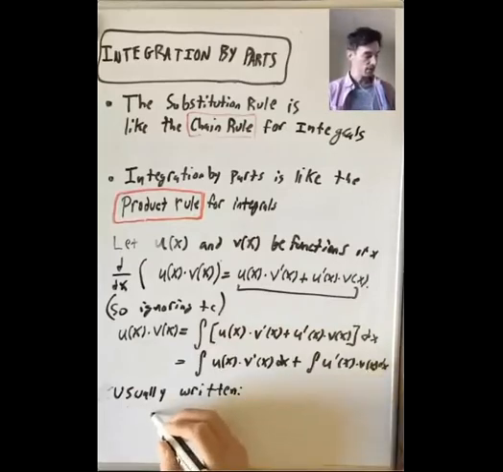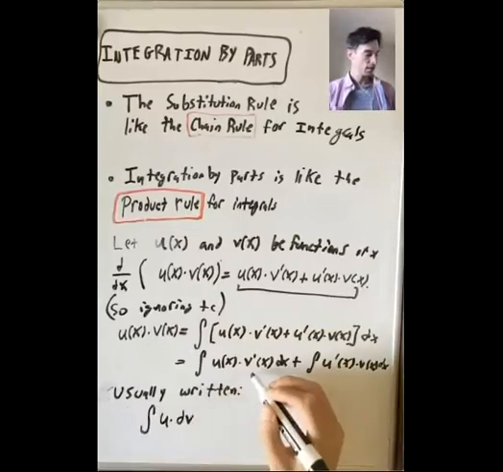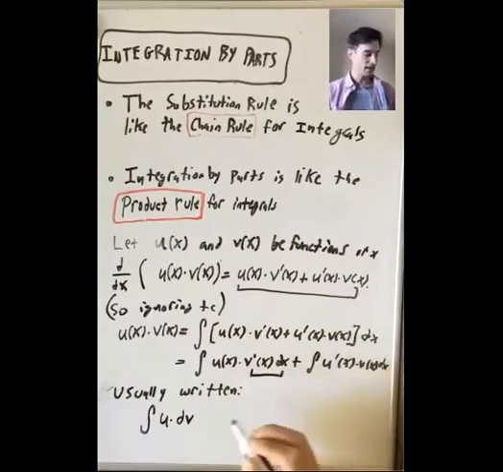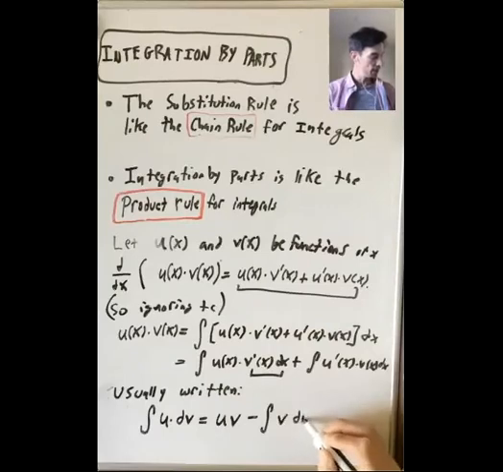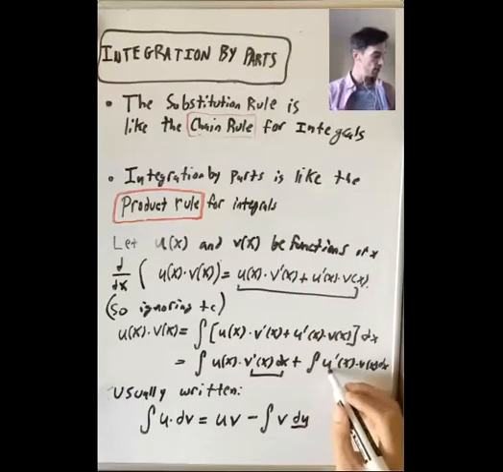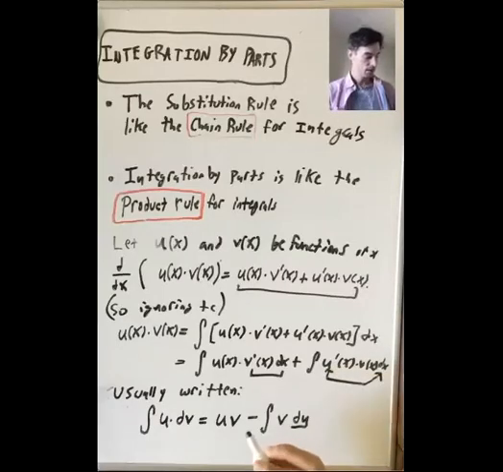This is usually written as the integral of u dv, which is v prime x dx, equals u v minus the integral of v du. So we're thinking of du as u prime x dx, these parts together.